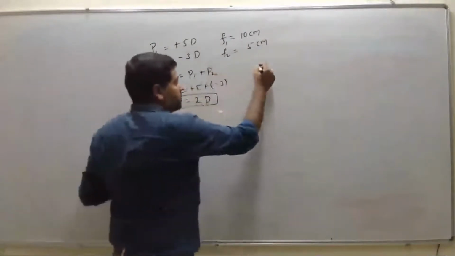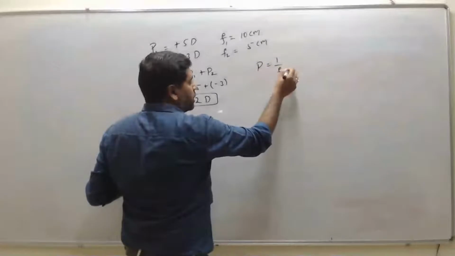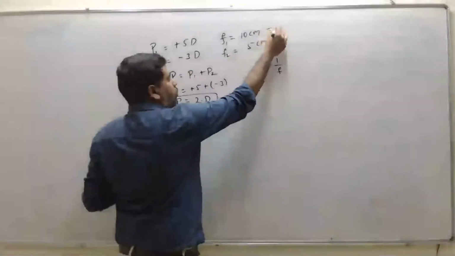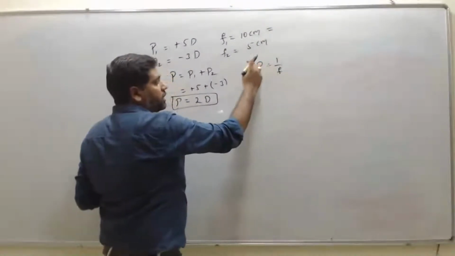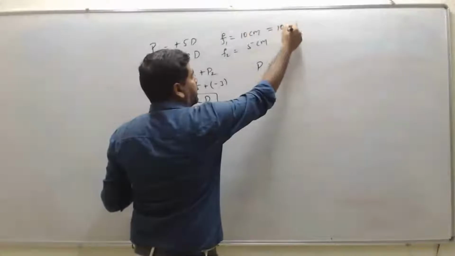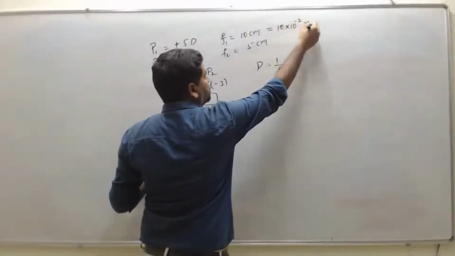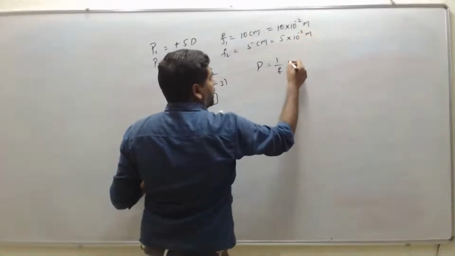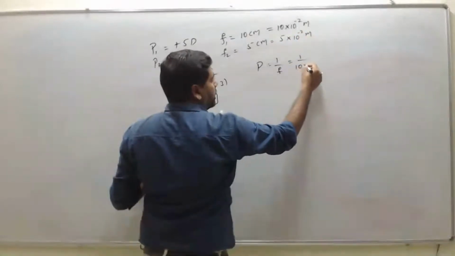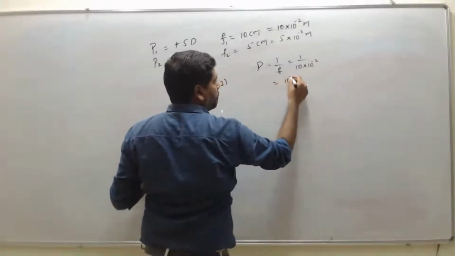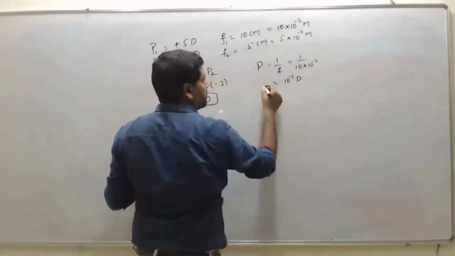We know the relation P is equal to 1 divided by f, right? So power is always in diopter, that is per meter. Then 10 centimeter is 10 into 10 to the power of minus 2 meter, and 5 into 10 to the power of minus 2 meter. Then 1 divided by 10 into 10 to the power of minus 2 gives diopter.